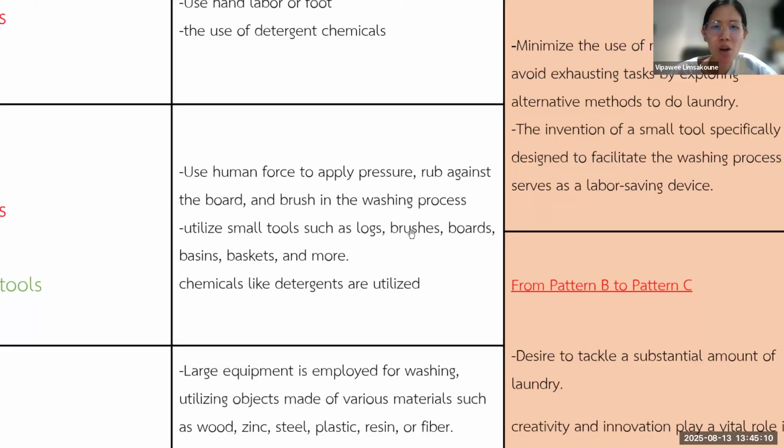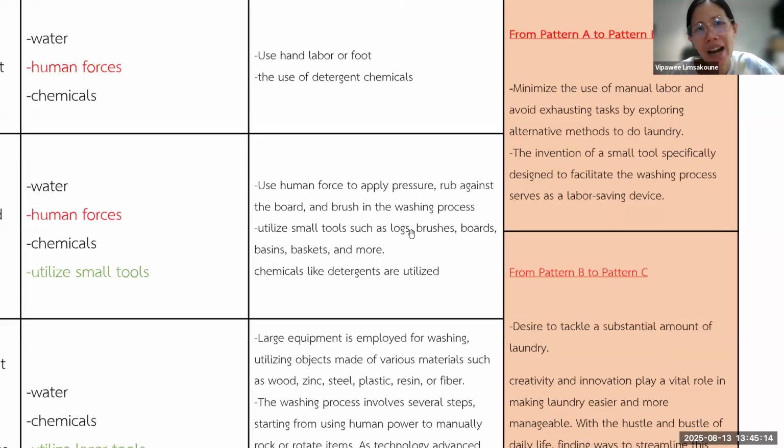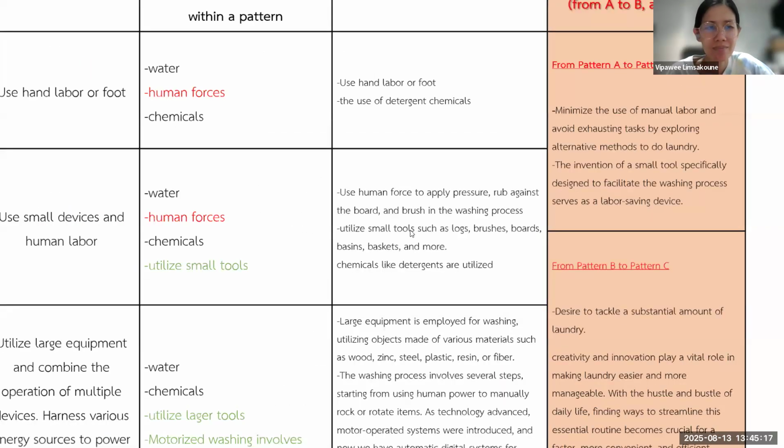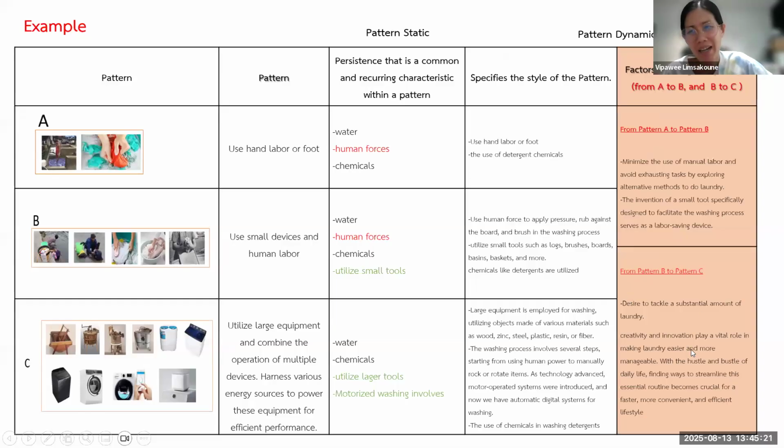Chemicals like detergent could be different, depending on their resources. And then I explain the factor creating a new pattern. So here is the example that we could use to remind ourselves of each column.